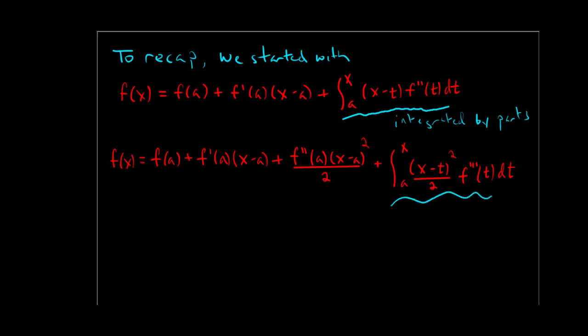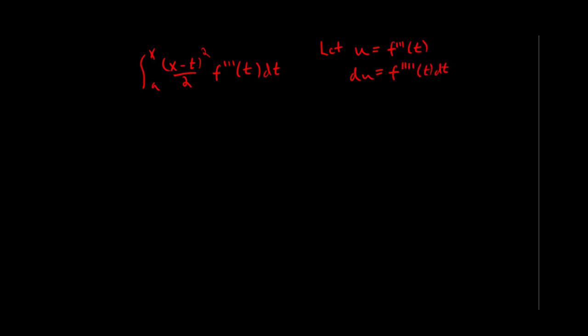So we're now going to take this integral and do another integration by parts. After all, this integrand is the product of two functions. When we do that, we're going to continue to expand our Taylor series. So I'm going to do this integration by parts, but I'm going to move a little faster. So the integral from x to a of (x minus t) squared over 2 times f triple prime of t dt, we want to set u equal to f triple prime of t, and then we get du equals f quadruple prime of t dt.